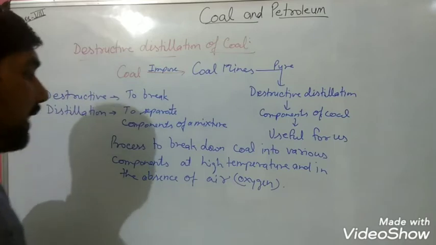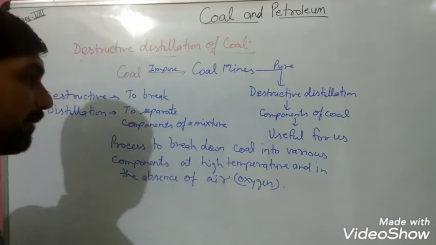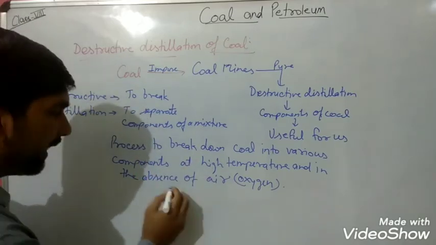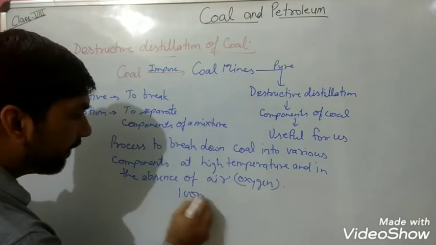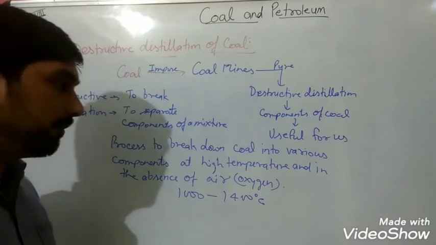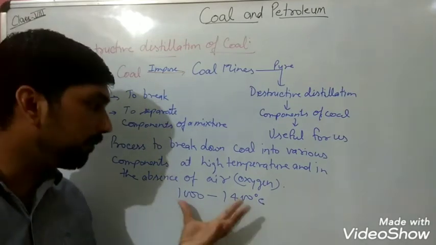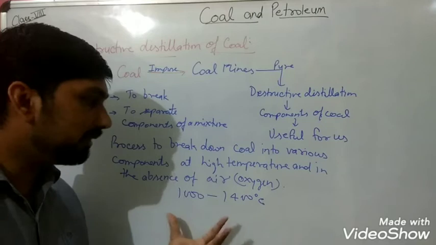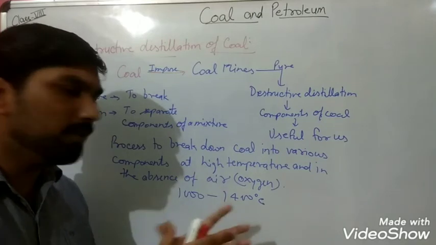So this process is done at very high temperature, and the temperature may range from 1000 to 1400 degree Celsius. So this is very high temperature and it's not possible to generate this at basic or room level.